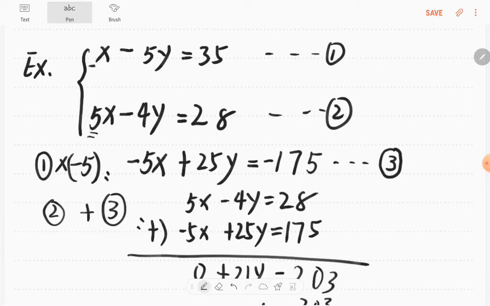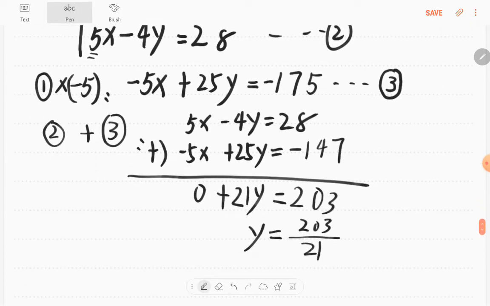If you add together, it would be negative 147, right? So negative 147 divided by 21 is equal to negative 7. So y equals negative 7.